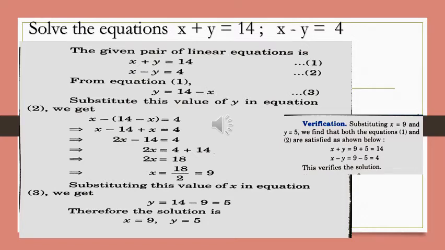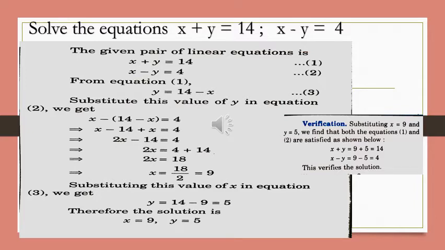Now, in the first equation, we will write y in terms of x. We will shift x to the right hand side so that it becomes y equals 14 minus x. That is equation 3. Dear students, listen carefully.